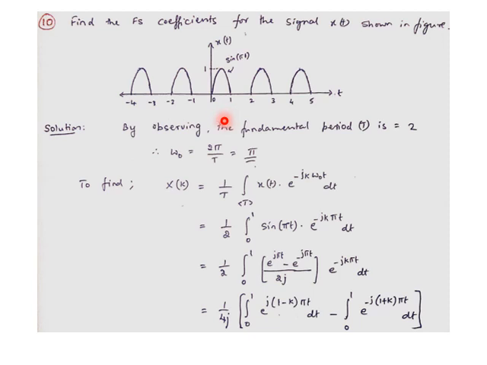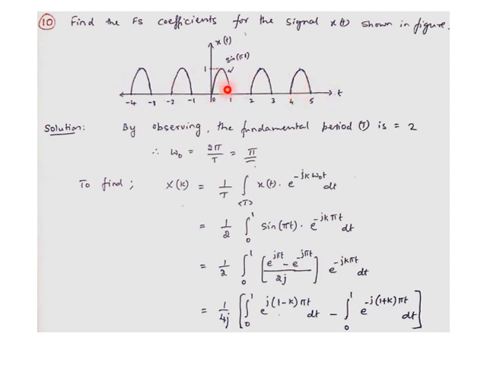The graph is a sinusoidal function at alternate intervals: from 0 to 1, one positive half cycle of the sine function exists, from 2 to 3 one positive half cycle, and from 4 to 5 one positive half cycle. From 3 to 4 no, 1 to 2 no, minus 1 to 0 no. So this looks like a half wave rectifier output.